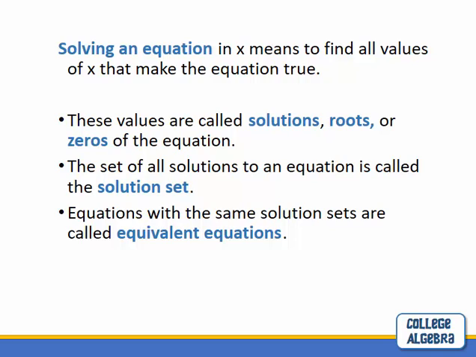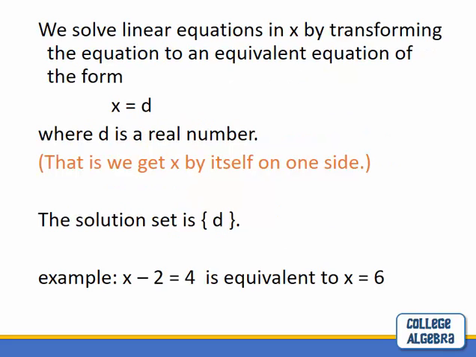And whether we think about this explicitly or not, what we do is we go through a series of equivalent equations when we're trying to solve an equation. An equivalent equation is one that has the same solution set. So what we do is, I have in orange in parentheses in the middle of the slide, we get x by itself on one side, right? That's the very informal way of saying it.